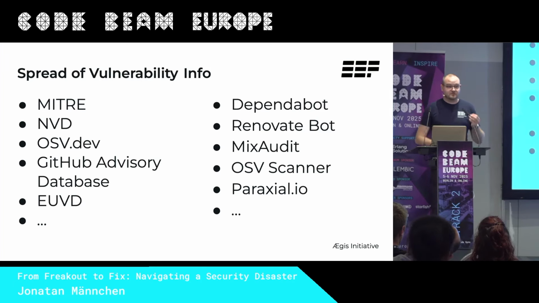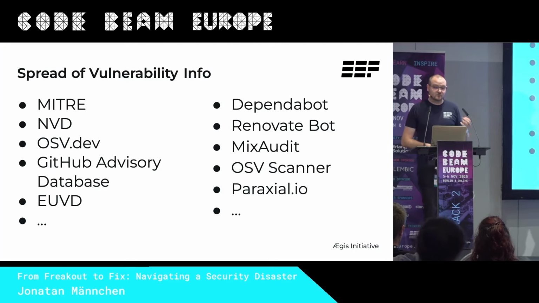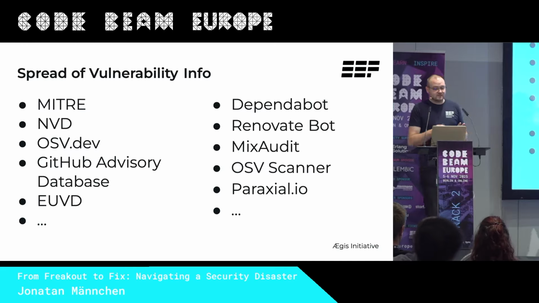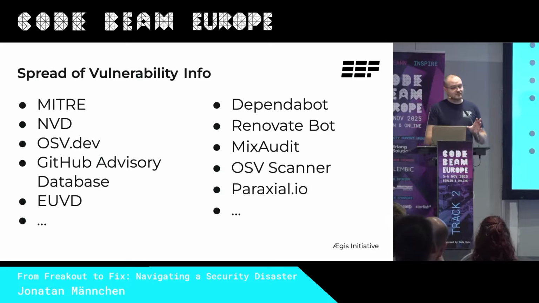In turn, there are a lot of tools like the OSV Scanner, Dependabot security updates, Mix Audit, Paraxial does this as well, and all of these tools watch those feeds, and they will flag users of the old version, and in many cases even open automatic upgrade PRs for them. That automated wave ensures that your fix reaches every environment where it's needed, and not just the ones you directly control.